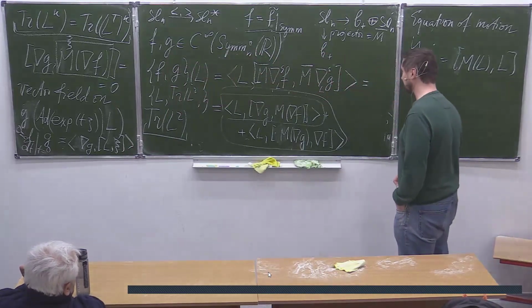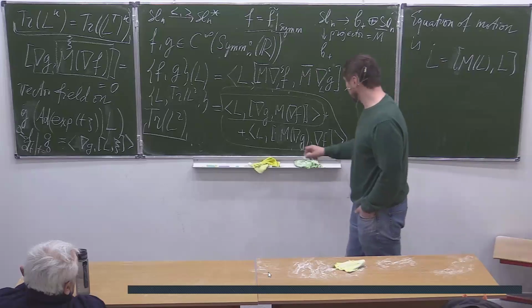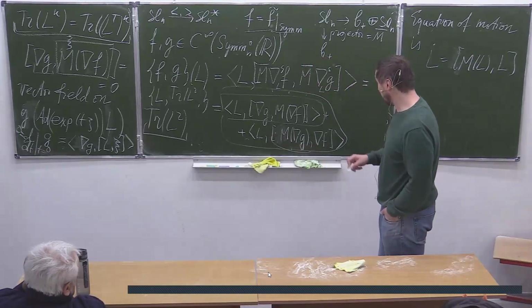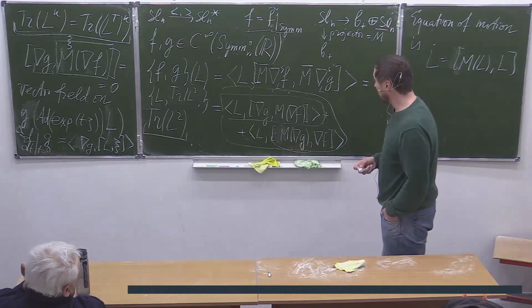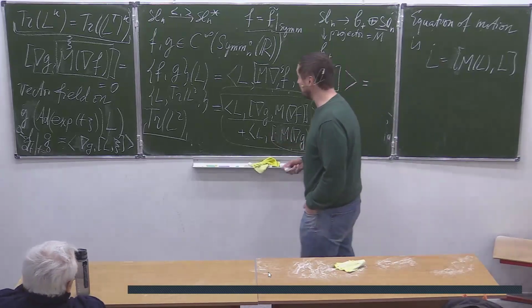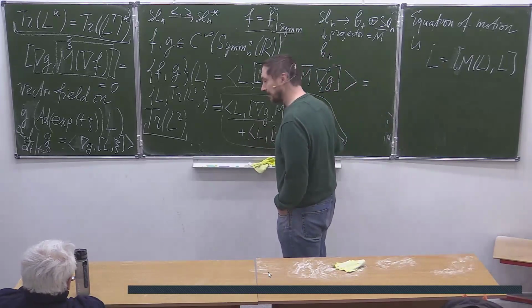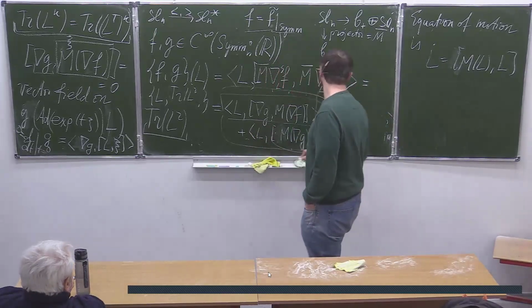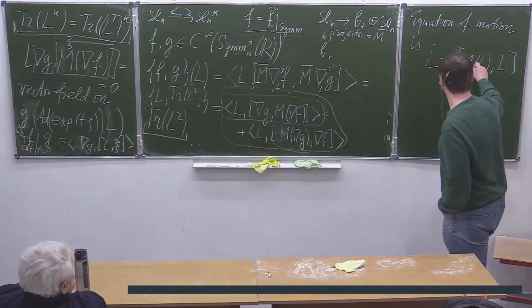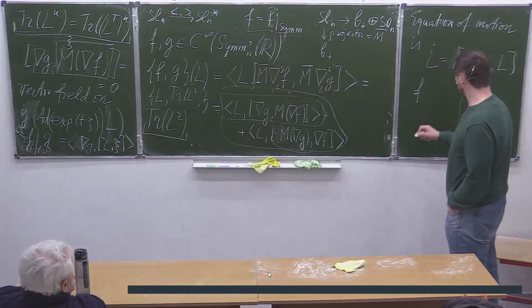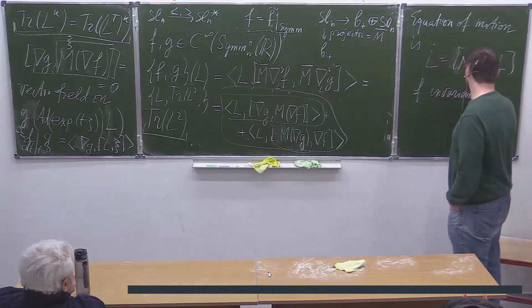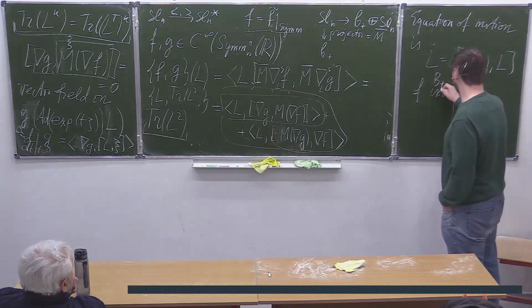So it means that, more generally, one can prove that the Hamilton vector field of an invariant function with respect to this Poisson structure is given by something like this. Not just invariant, actually B plus invariant function.